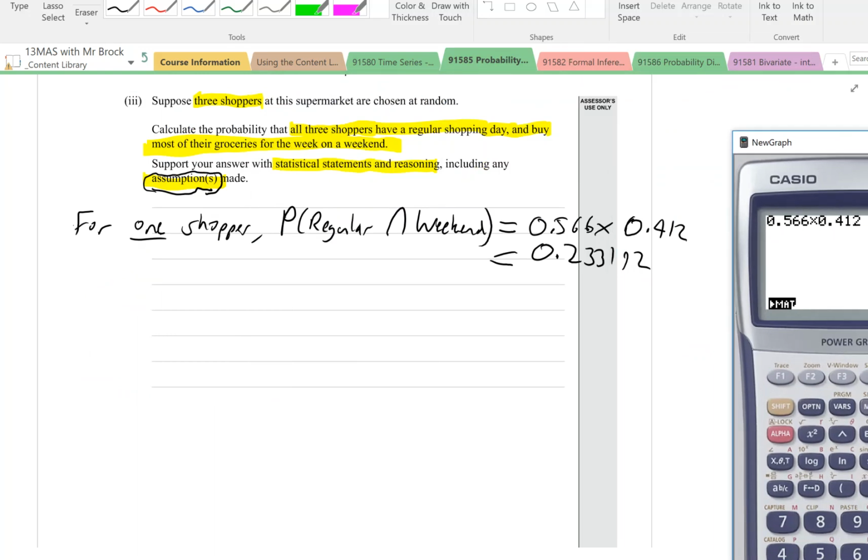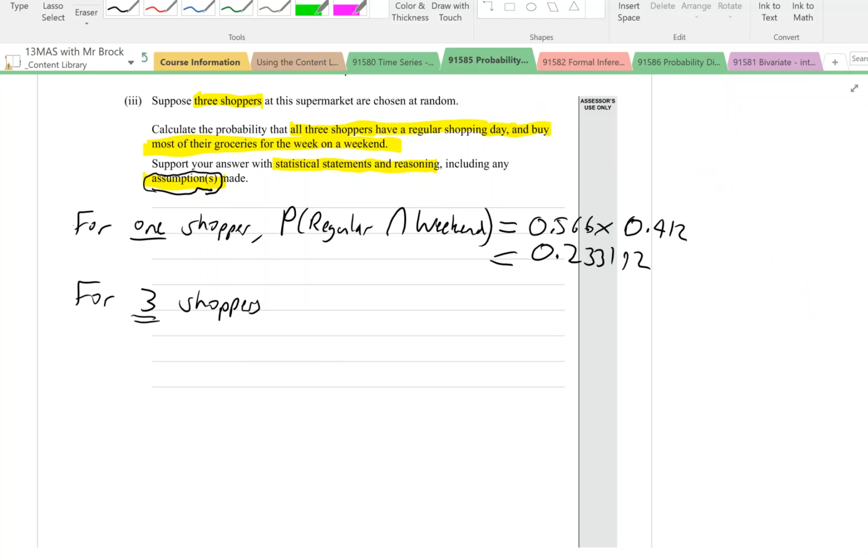Okay, so for 3 shoppers, the probability that all 3 are regular and weekend. What we do is we multiply by itself. So for 2 shoppers, it'll be 0.233192 times itself. For 3 shoppers, it's times itself again.